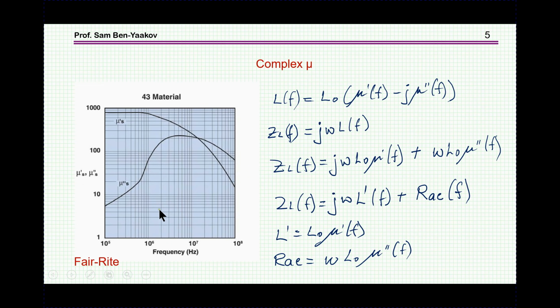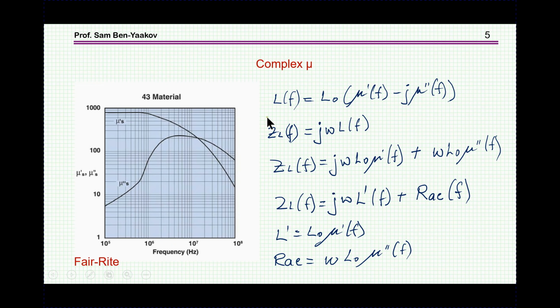And the point, which is kind of interesting, is that this is the permeability, this is the frequency, and we have two permeabilities. One is the real one, mu prime, and here it is. And then we have the so-called complex one, mu double prime.